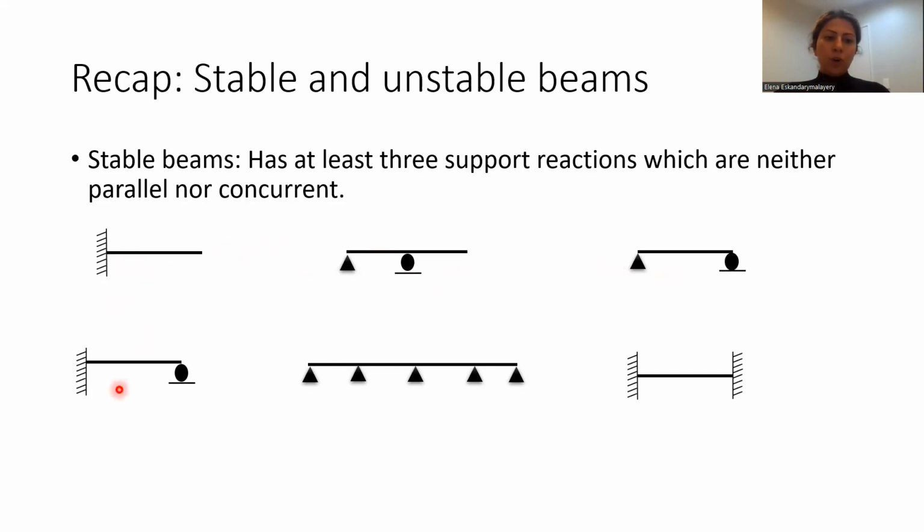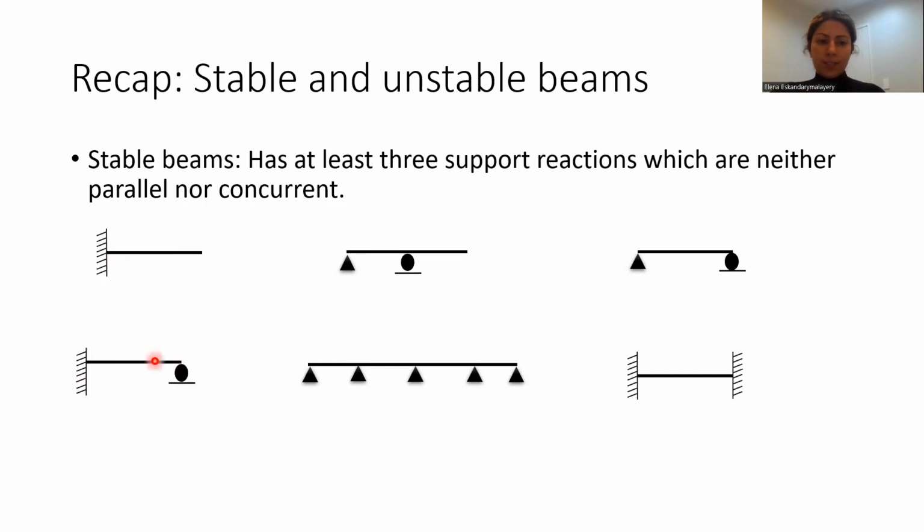However, if you have an extra support reaction, so instead of having three support reactions, which is compulsory to be stable, you have four. As you can see, we have a cantilever, which was stable already, and we added an extra support, which is a roller at the end.